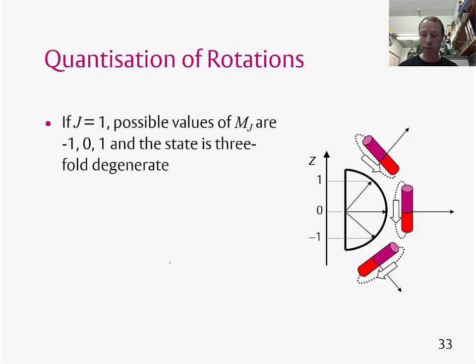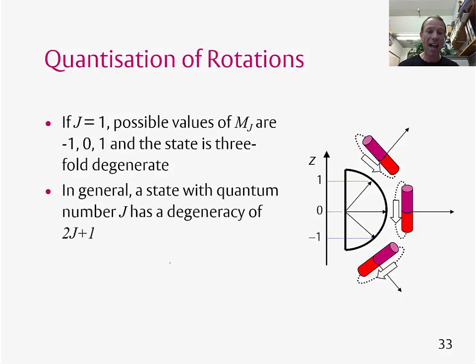In general, rotational states have a degeneracy of 2J + 1 for a quantum number J. So if you know J, we know the degeneracy of the rotational state. And this has big impacts on the appearance of a rotational spectrum, which we'll come on to later.